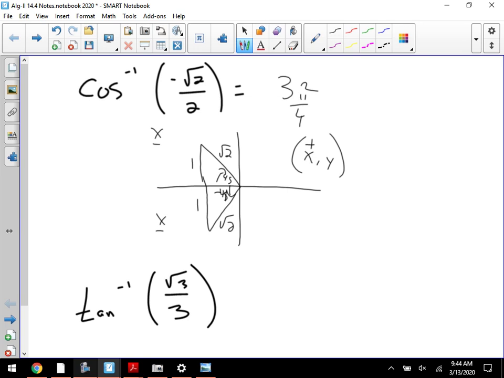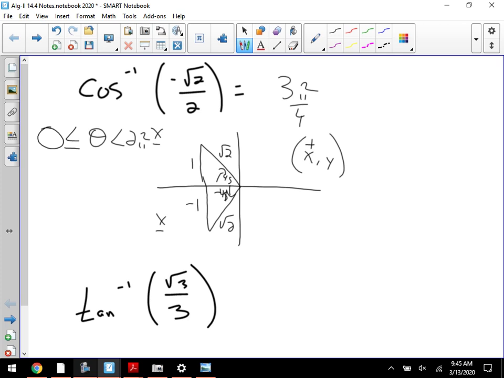It's still down 45. What's going to change ever so slightly today, as opposed to just finding values between 0 and pi, I'm going to ask you to find all possible values between 0 and 2 pi.